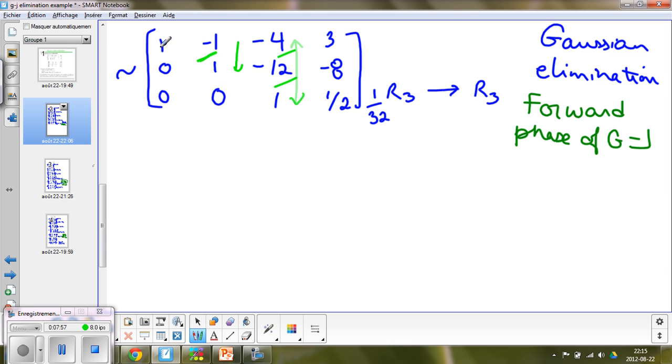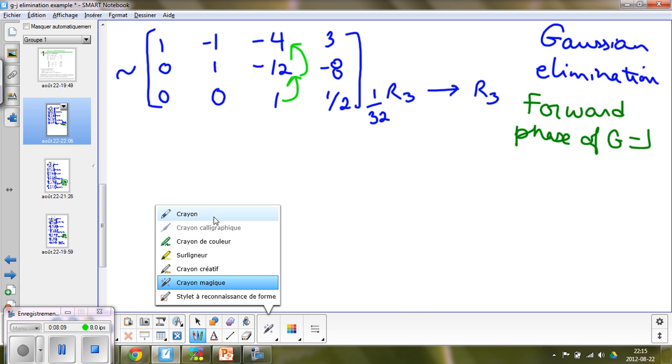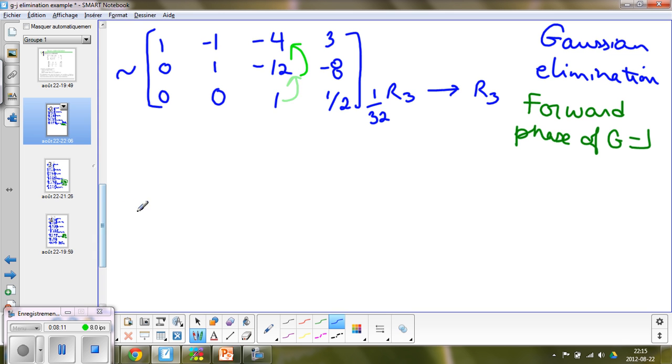What we had been doing was to use this one to get zeros under, and now we're going to be going upwards. Doesn't matter if it doesn't make sense right away, you can listen to this again when you're more used to it, or when you have done a few, it'll feel quite natural. So we want to get rid of this 12 using this 1 that's just below it. That's very handy.